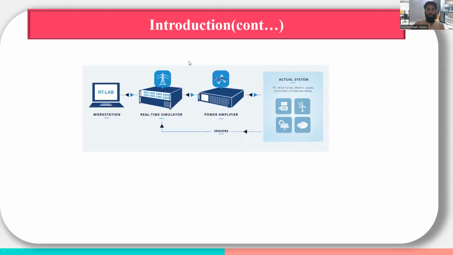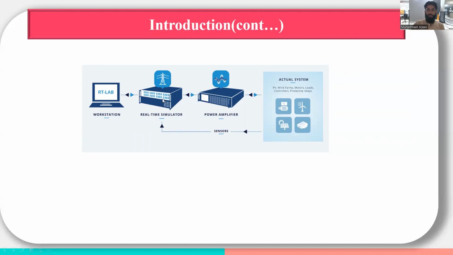Now, how things are integrated in hardware in the loop. We require a workstation, a real-time simulator, a power amplifier, the actual system, and feedback sensors. Our workstation can be our PC. The real-time simulator is responsible for simulating the programs.